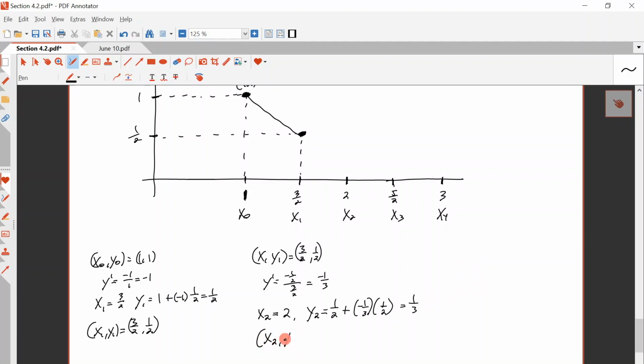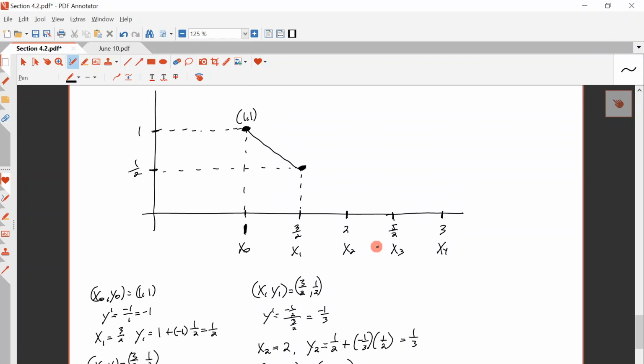So x2, y2 is equal to 2, 1/3. Okay, so there's 1/3, about here. So there's my point. And we connect these via a straight line.